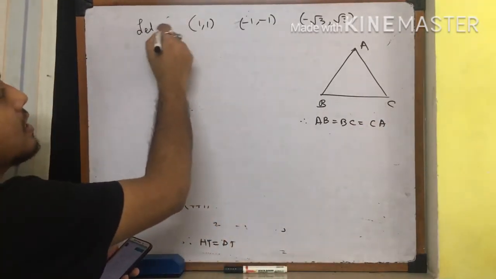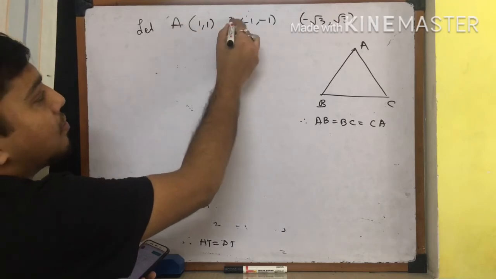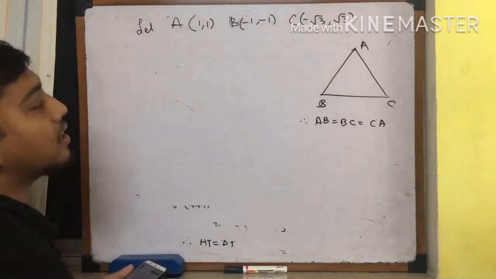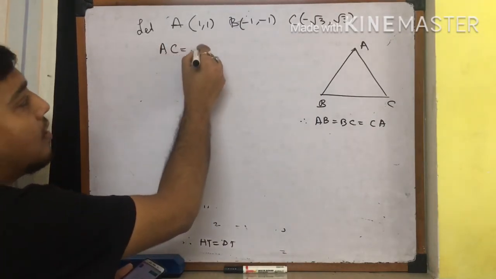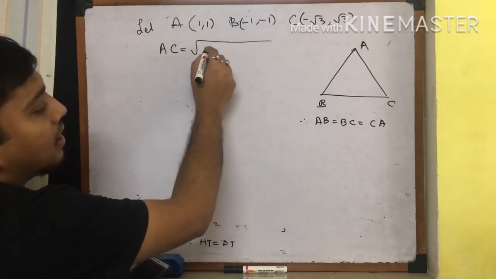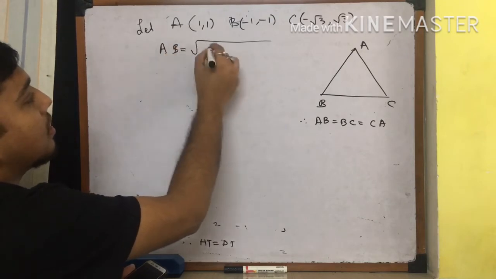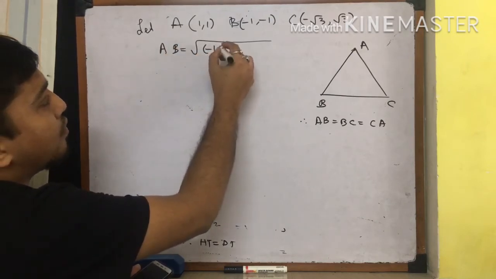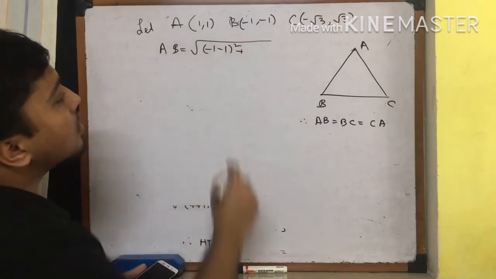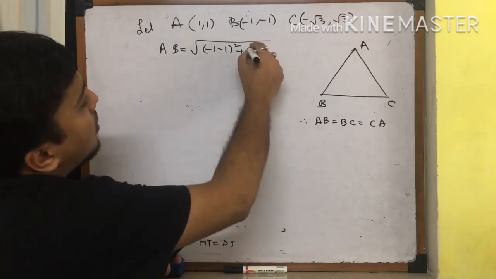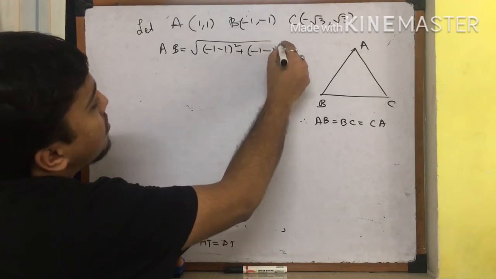So let A, B, C be the coordinates of these 3 points. Therefore, we have to find the value of AB, (minus 1 of minus 1) square plus (minus 1) square.